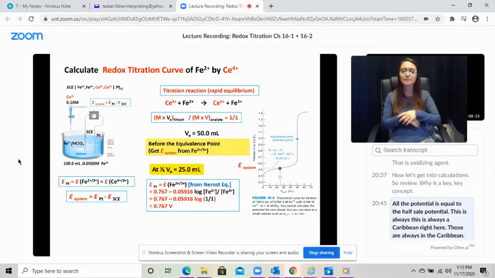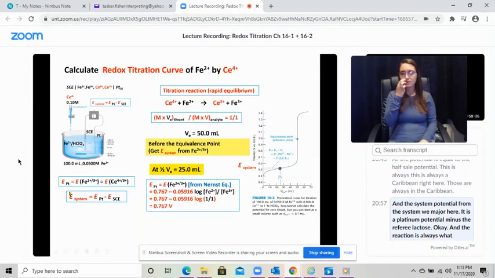All the potentials are equal to the half cell potential. This is always in equilibrium right here. Those are always in equilibrium. And the system potential that we measure here is the platinum potential minus the reference electrode. Okay.